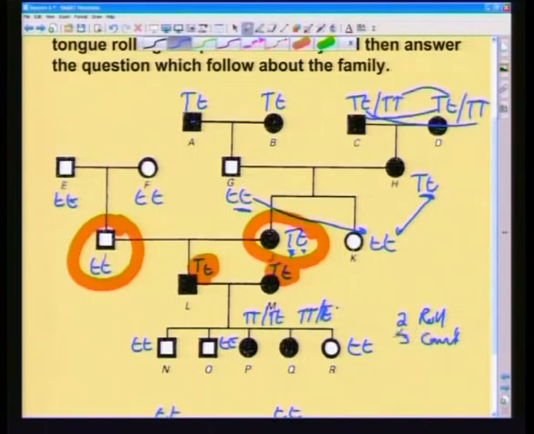So we say, okay, what are the chances that their next child will be, now we've got capital T, small t, and the 2 of them, it goes the same every single time. Remember, every time an offspring is produced through fertilization, those 4 combinations will apply every single time. So we're going to do the cross here.